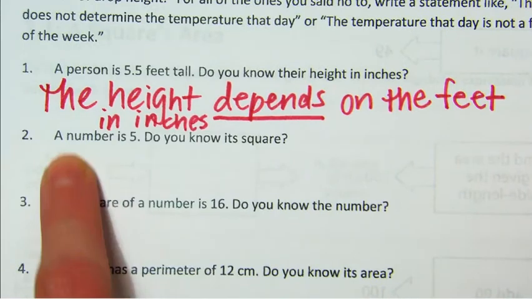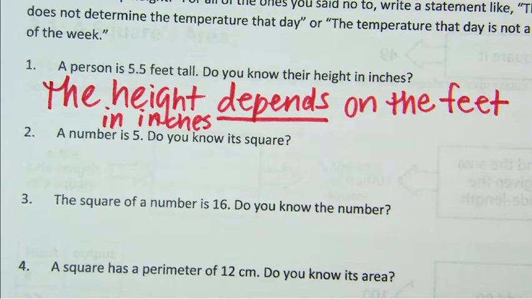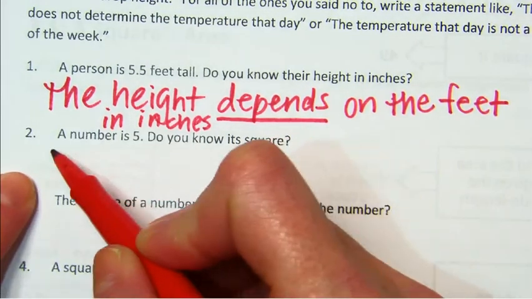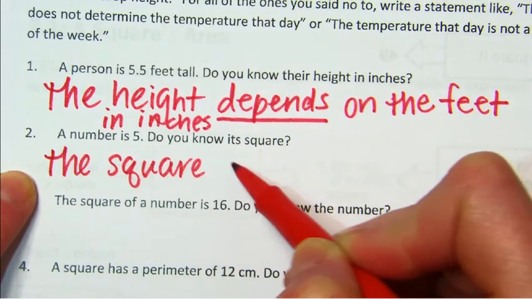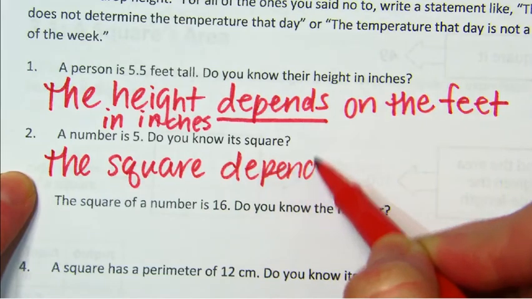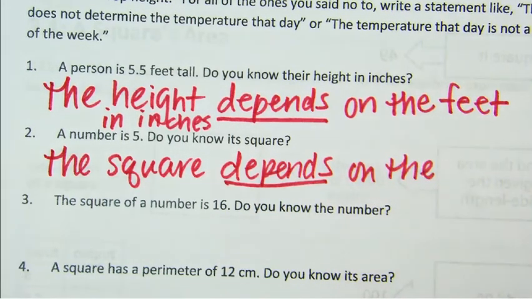So the next one, the number is 5. Do you know its square? The only way I can figure out the square is if I know what my original number is. Okay, so the square depends on the original number, right?